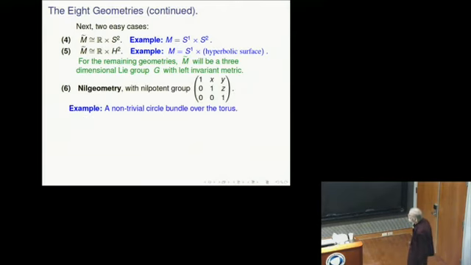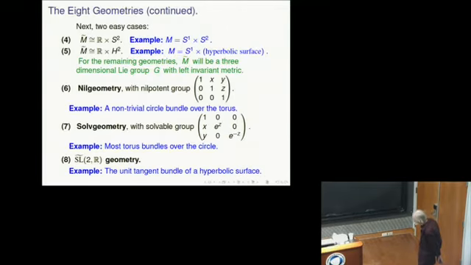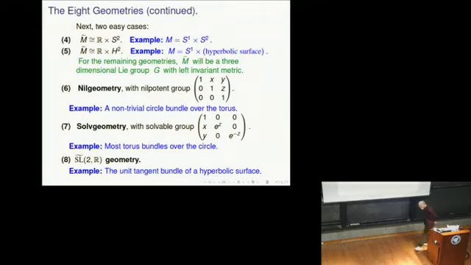There's first the nil geometry, for example circle bundles over the torus. There's the solv geometry, with example torus bundles over the circle. And finally, there's the geometry of the universal covering space of SL2R, and a typical example would be the unit tangent bundle of a hyperbolic surface.